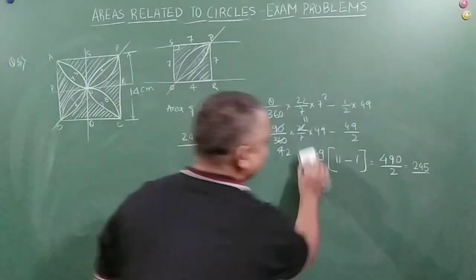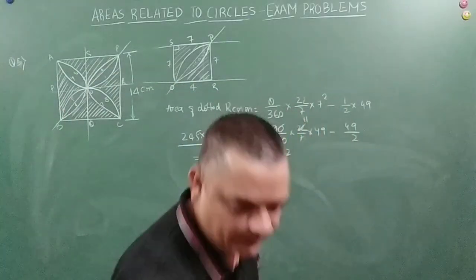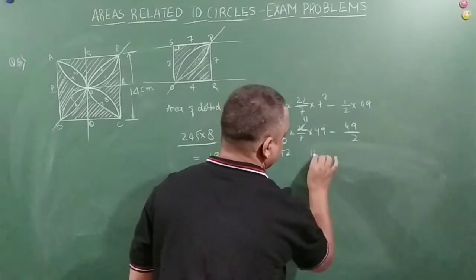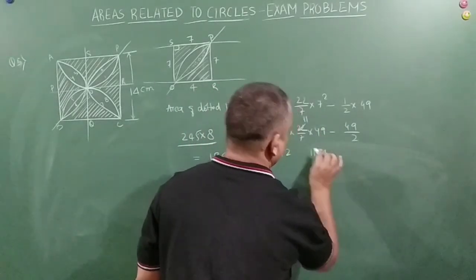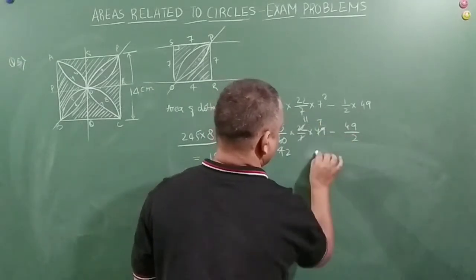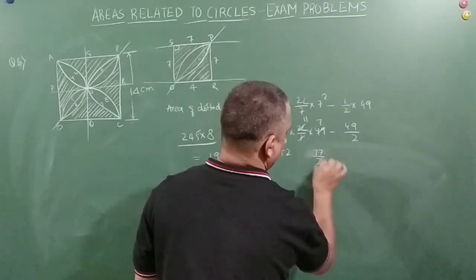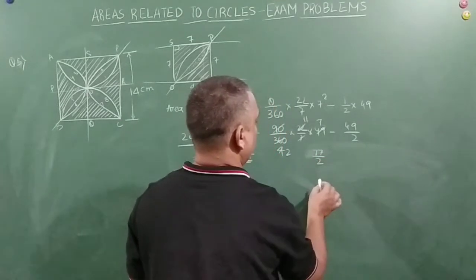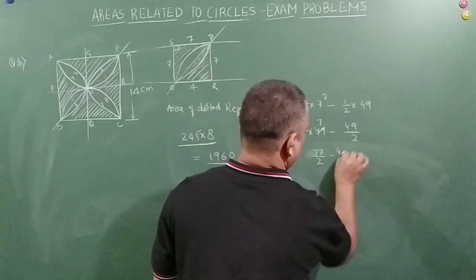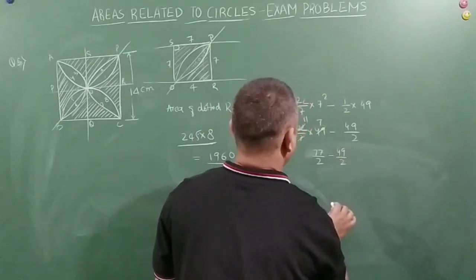Sorry. Here there is a small problem. I'm so sorry. Okay, I'll just correct. 11 into 49 divided by 7, so 7, 7, 11. Sorry. So this becomes 77 by 2, minus 49 by 2.